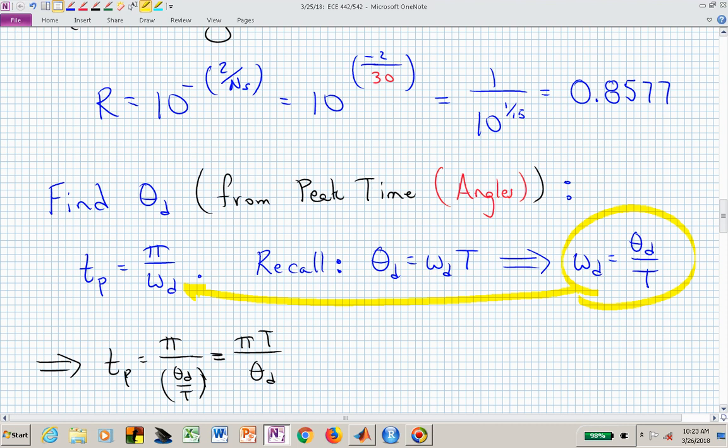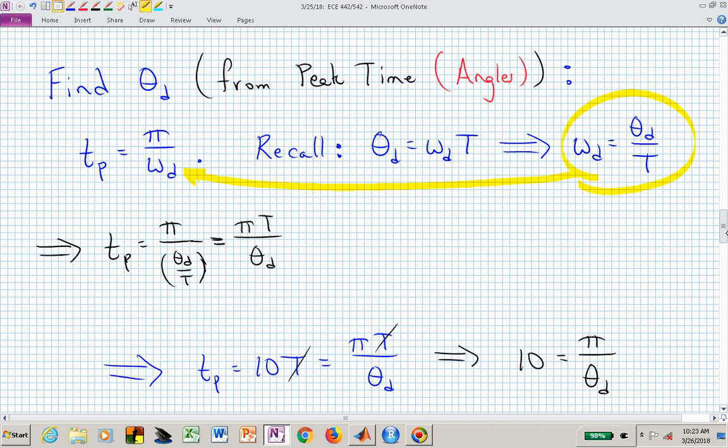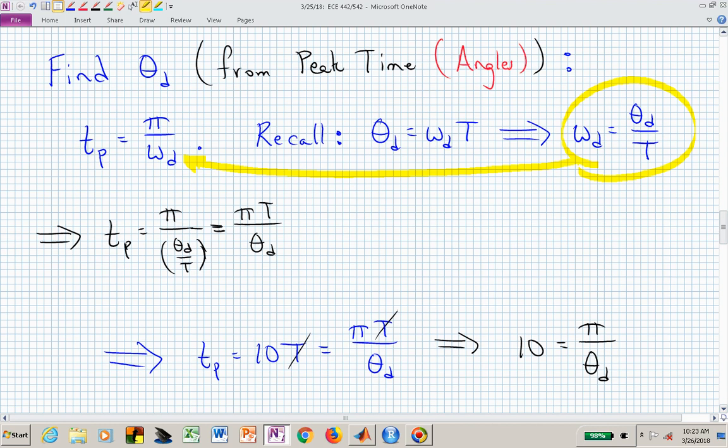Our peak time now is pi over the quantity theta sub d over T. Take that sample period into the numerator, and we now have a peak time formula equaling pi T over theta sub d. Our peak time again was 10 sample periods. We haven't defined what T is; it's just some variable, capital T, in our example here.